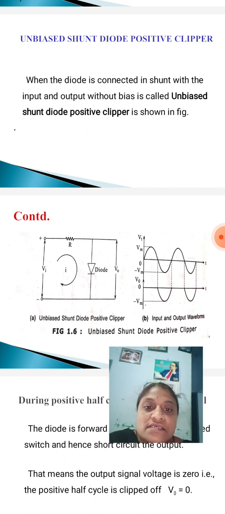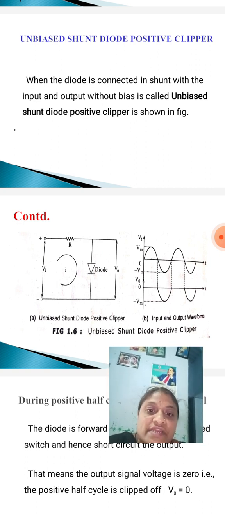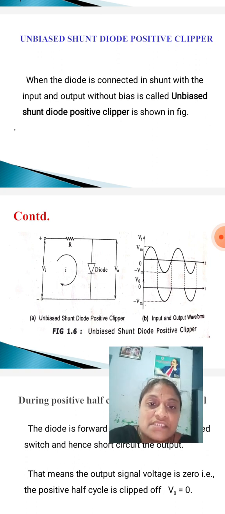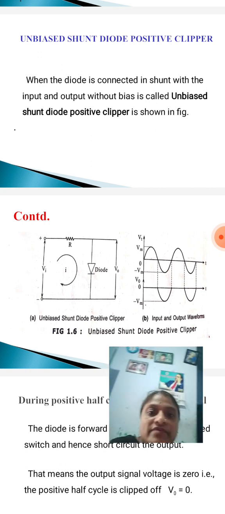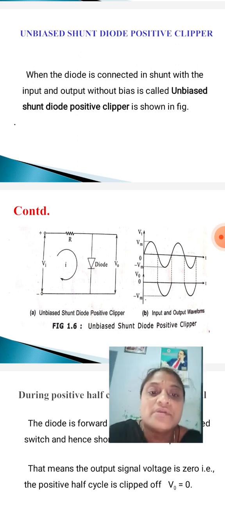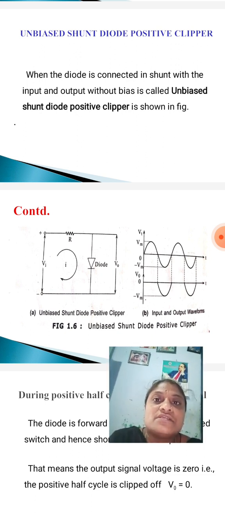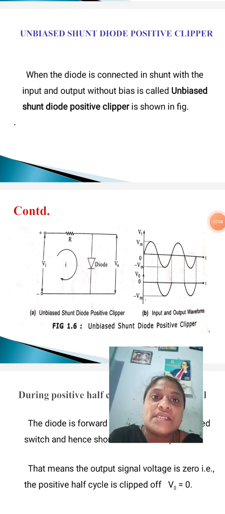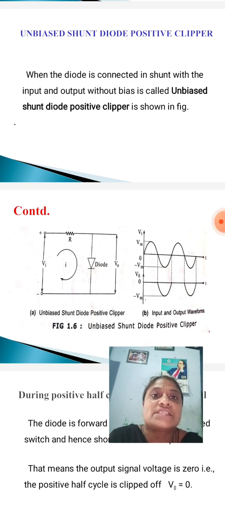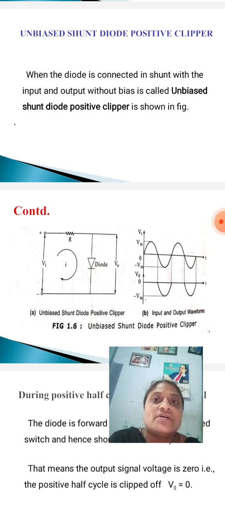Next, see this figure, figure A and figure B. This is the circuit diagram and the input and output waveforms of the unbiased shunt diode positive clipper. What is the definition of unbiased shunt diode positive clipper?